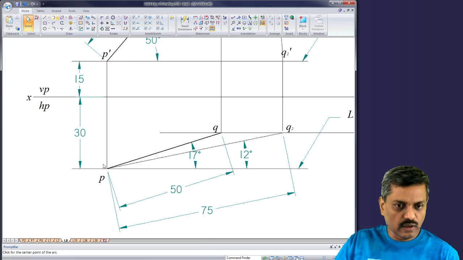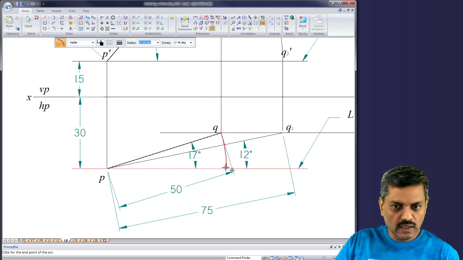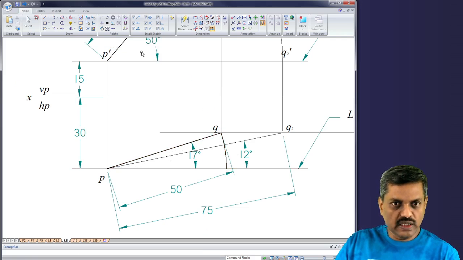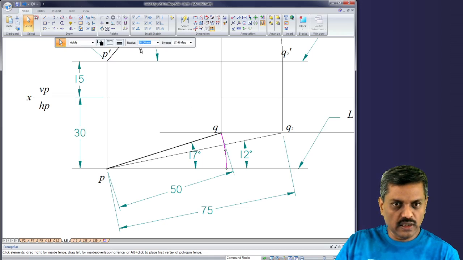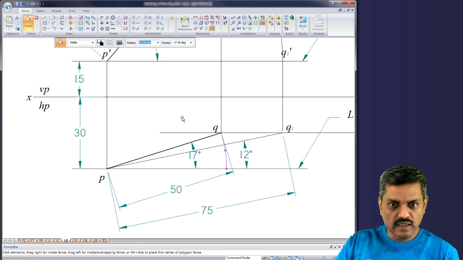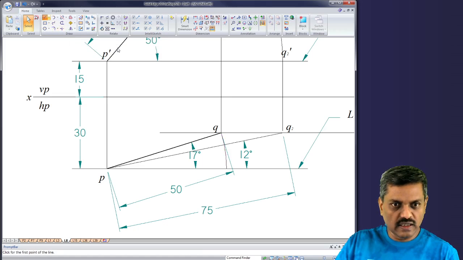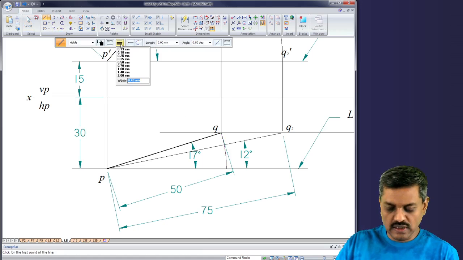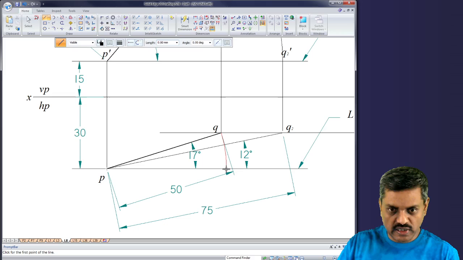So take the arc by center point method and use this endpoint P and Q, then draw until it touches over here. Line should be width factor 0.05, and then from there take the line command, then see that it is 0.05 also. So from this point, you can consider it as Q1.